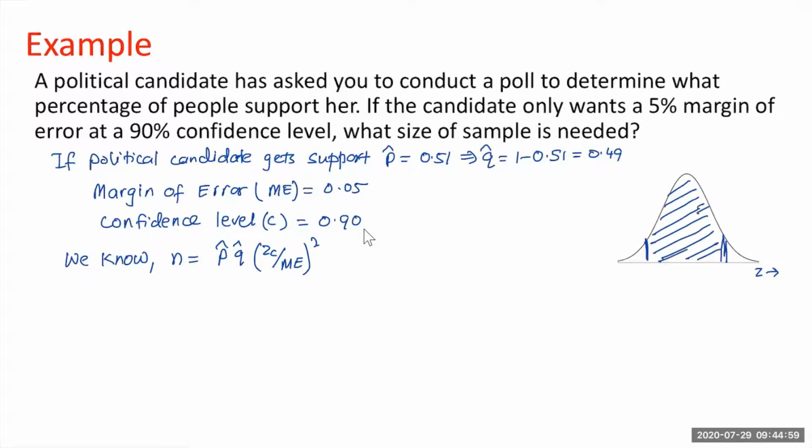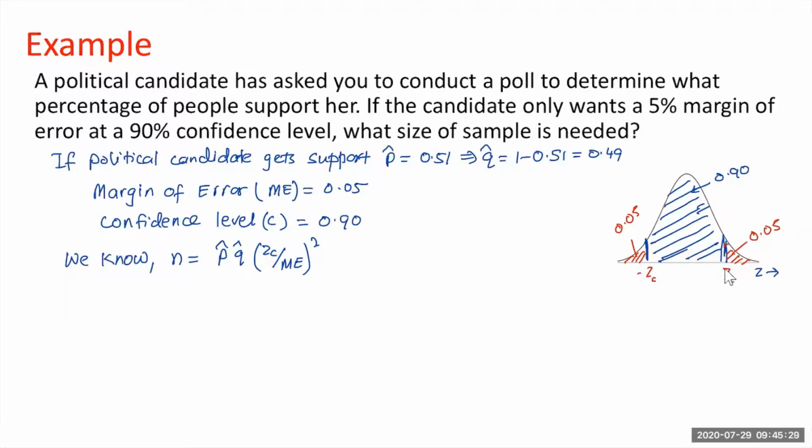That's your c, which is 0.90. Now the remaining 10% is on the tails, so 5% each on the tail. So this one is 5% or 0.05. This is also the 5% area or 0.05. The values which are here and here are the critical values. So this is z sub c, and this is negative z sub c.